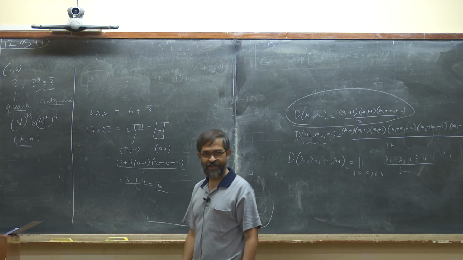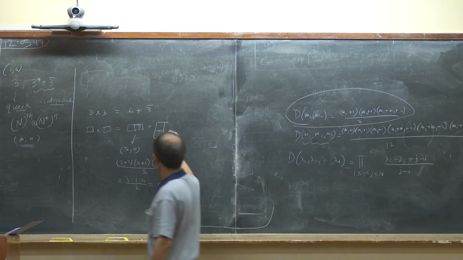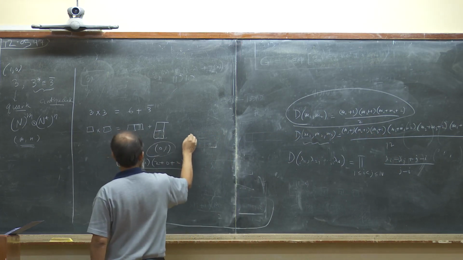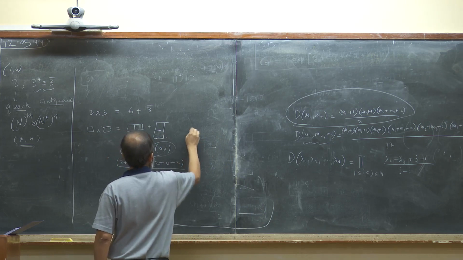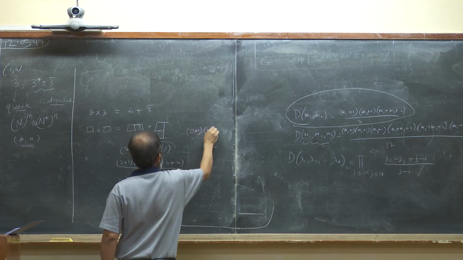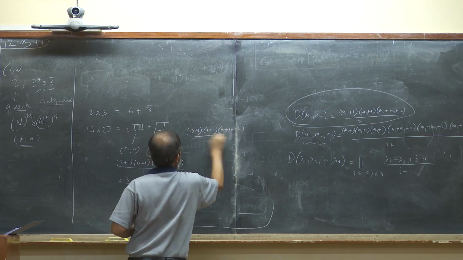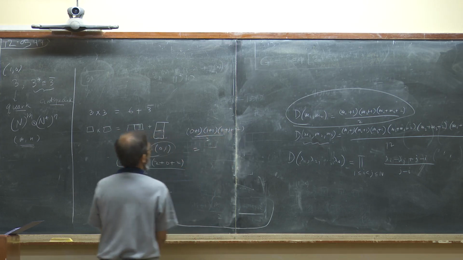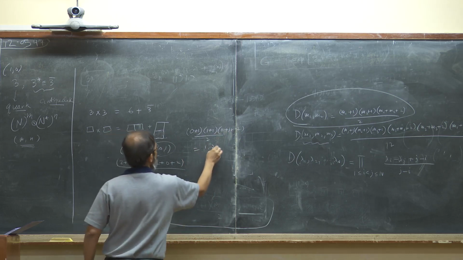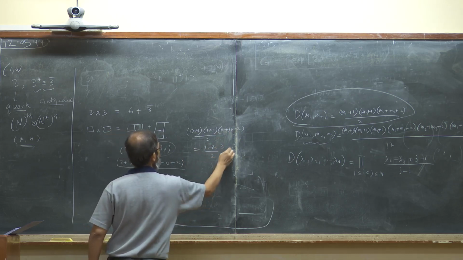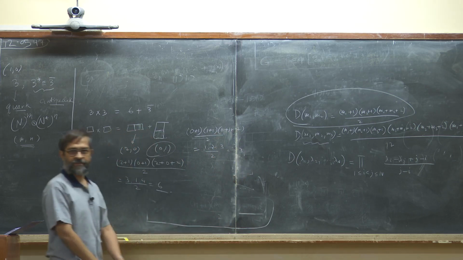This again, let us do this. It is 0, 1. So the dimension would be 0 plus 1, 1 plus 1, 0 plus 1 plus 2, divided by 2. So it is 1, 2, 3 divided by 2, so that's 3.